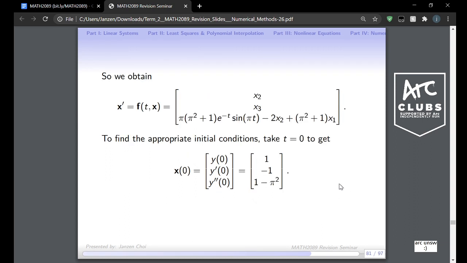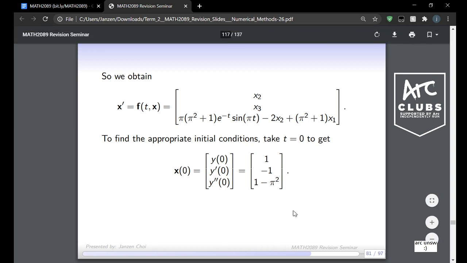For this step, we're just replacing the y triple dash with the expression it represents, and we're also using the initial conditions that they gave us and putting them in the initial condition vector x0 as such, and this is your final answer.